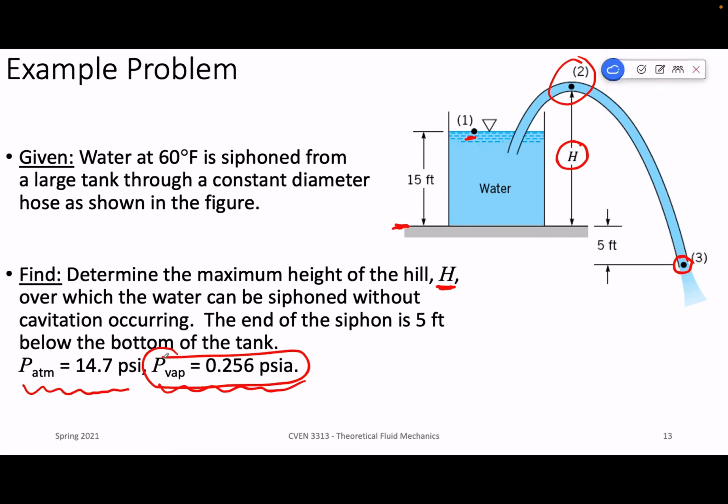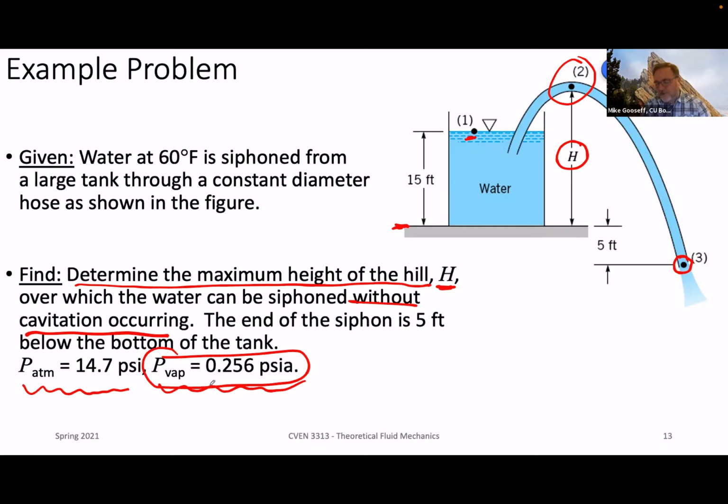Other questions? I also have a question. Can you explain again why we can set P2 equal to the vapor pressure? The reason we did it is because we were trying to determine the maximum height of the hill that water could be siphoned without causing the cavitation to occur. And the cavitation occurs when we reach the vapor pressure.